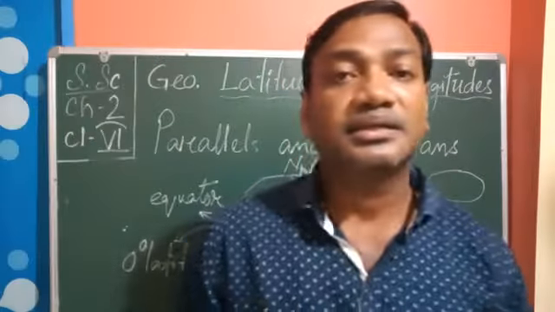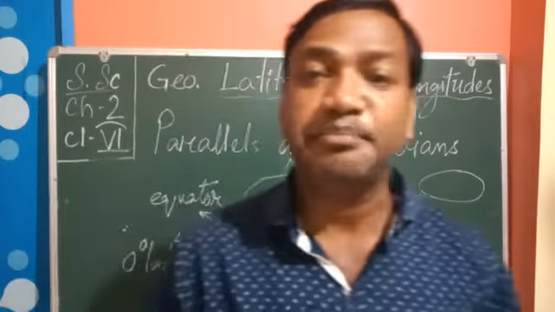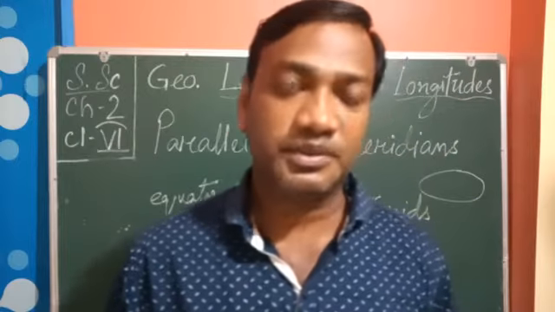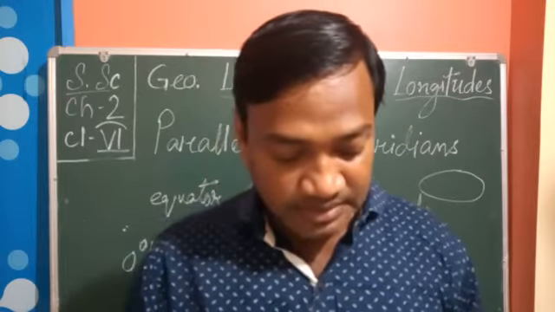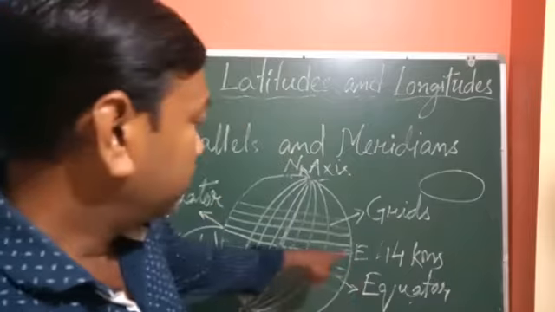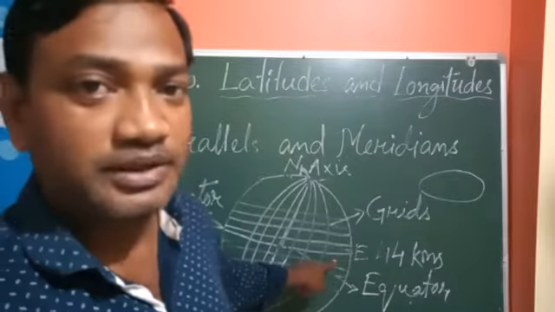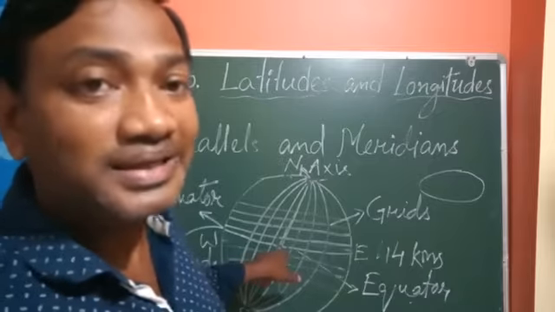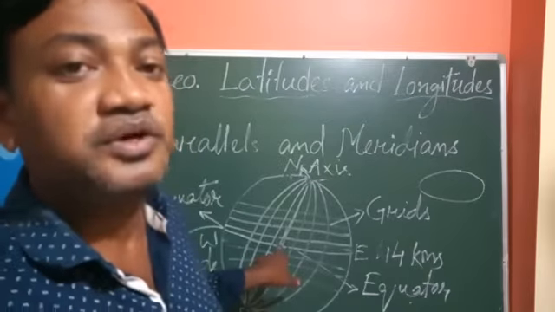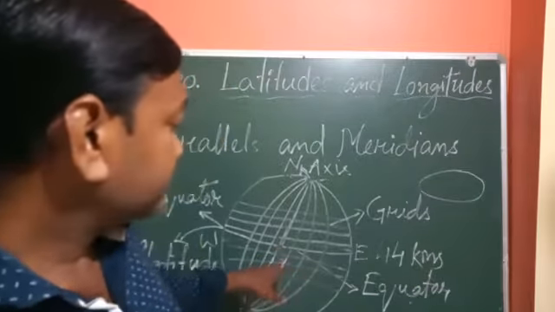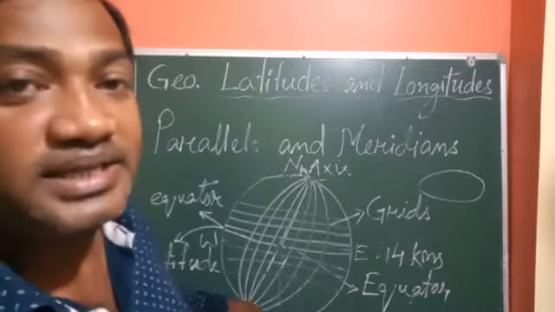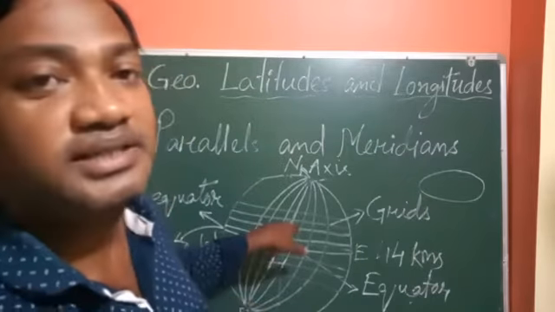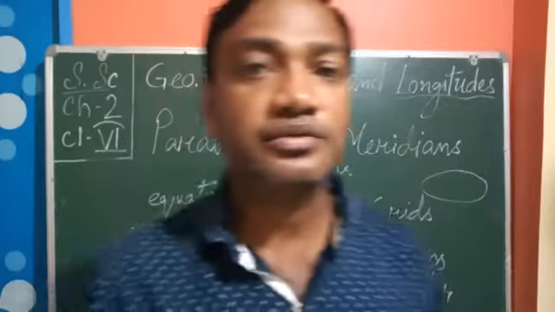So in total there are 180 parallels on a globe. If we take the equator also, then it is 181, but the equator is 0 degree, so it is not counted. That is why we find 90 parallels here and 90 parallels here.